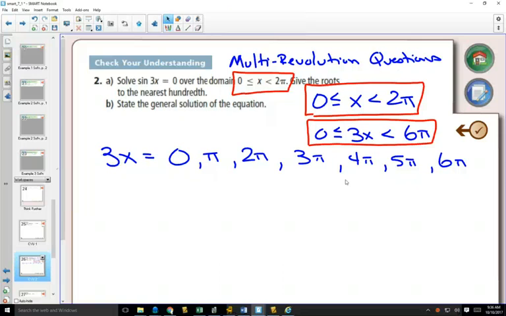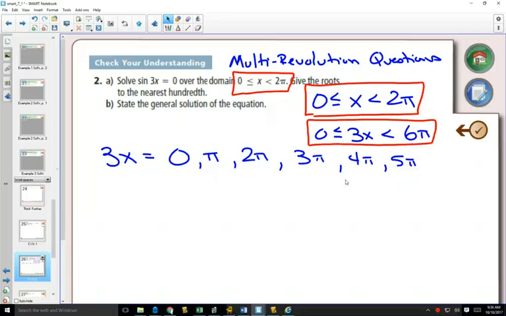So even though I solved it 3 full times around, I now have to go and either put an x through this one or erase it, because that one's not going to be included, because 6 pi wasn't included in our domain. So now we've gone 3 times around for 3x, and we've got 5 answers. But in a question like this, which says solve, what do you think they want us to solve for?